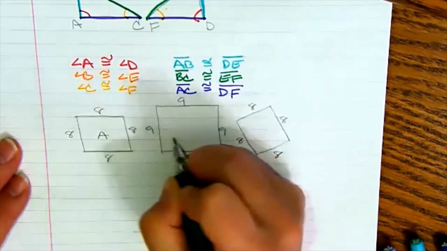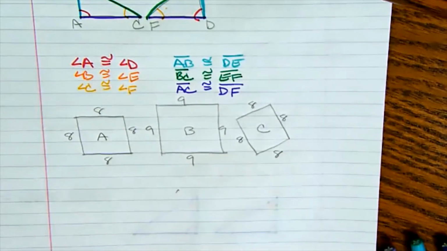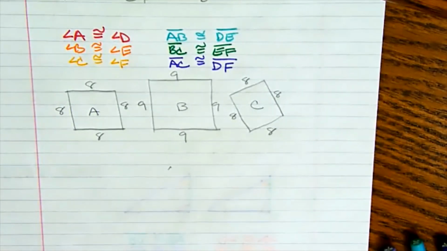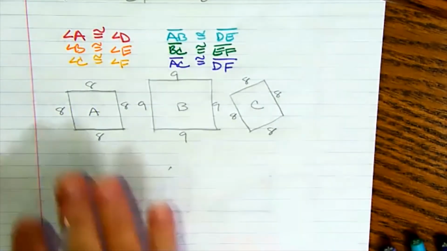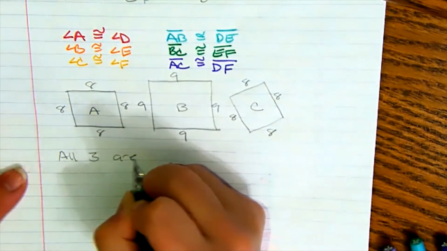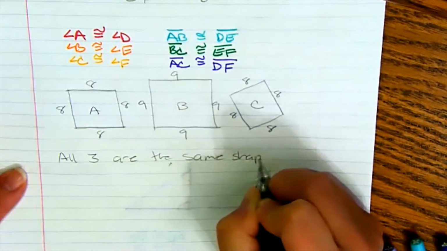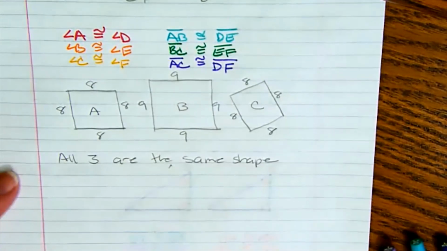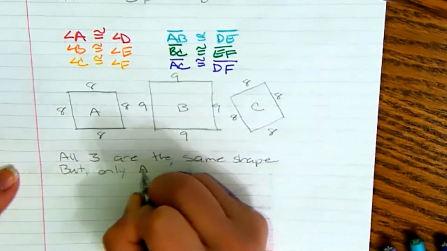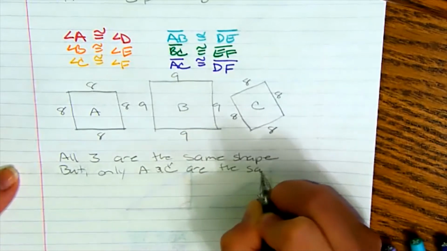Okay, we want to know which two figures are congruent. And remember, congruent means same size, same shape. So when we look at all of these, all three are the same shape. They're all squares. But only A and C are the same size.